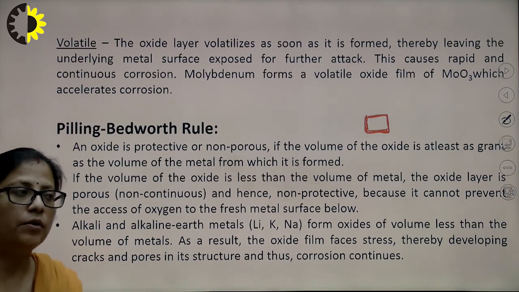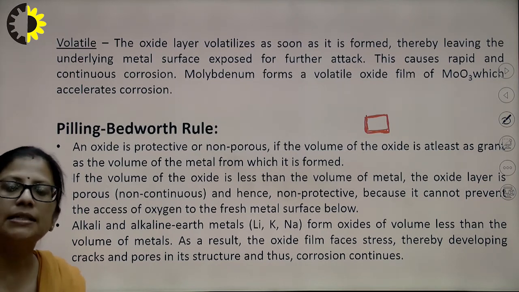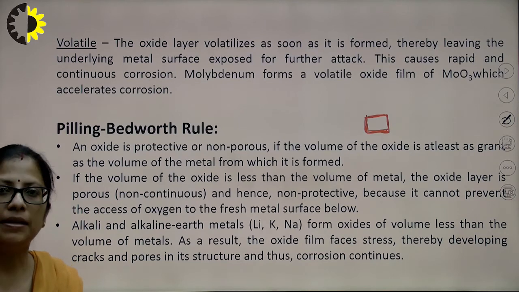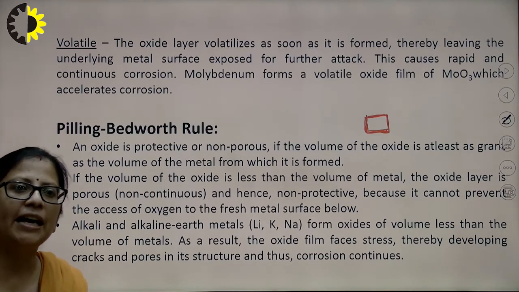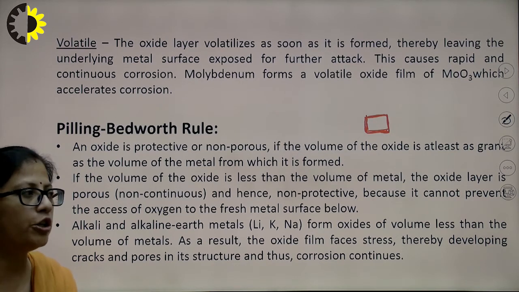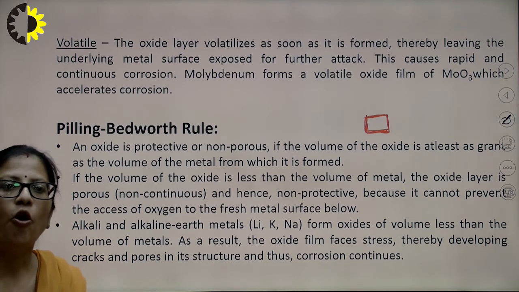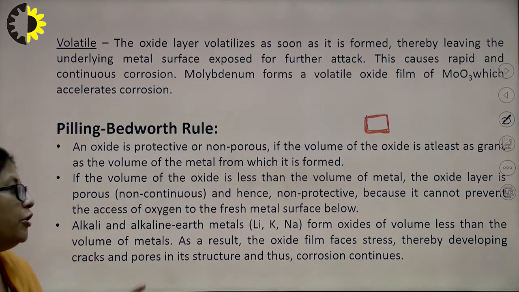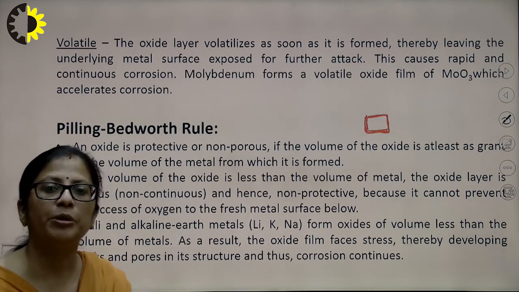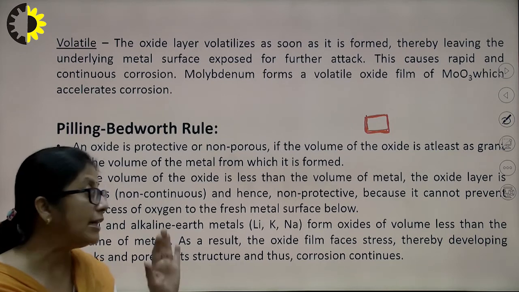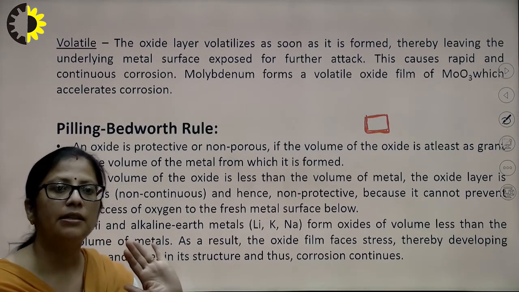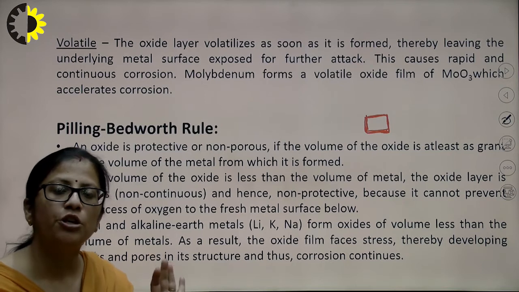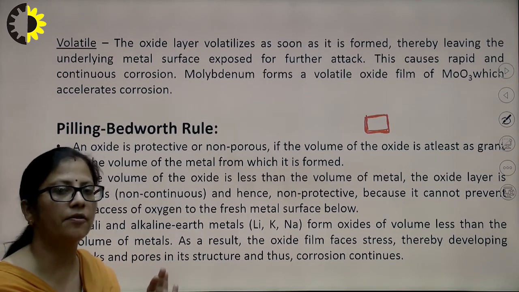And if the volume of the oxide is less than the volume of the metal from which the oxide layer is formed, then it is going to result in a non-continuous oxide film or porous film, and as a result this type of layer is going to be non-protective and it will not prevent the access of oxygen to the fresh metal surface below.